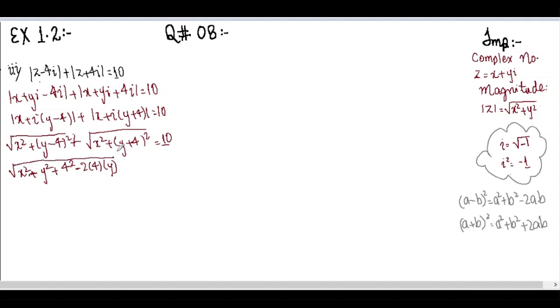And now we are going to shift this term over there. So we get 10 minus this term, square root of x square plus (y plus 4) whole square. We are going to use this formula, (a plus b) whole square equals a square plus b square plus 2ab. So using this formula we get plus y square plus 4 square plus 2 into 4 into y within the square root. Now we are going to square both sides.